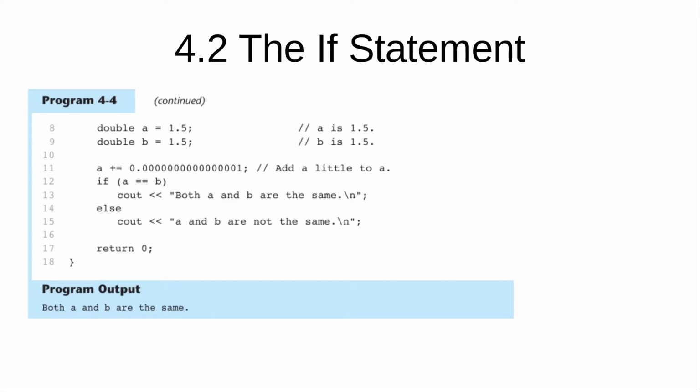Right here, we're not using brackets because this guy put an if statement that's only one line long, and in this case it's okay not to have any brackets to contain it. But where it says if A equals B, you wouldn't do if A equals B semicolon and then write your C out. Both A and B are the same. You just write it like that. The example is 100% correct. This segment would work.